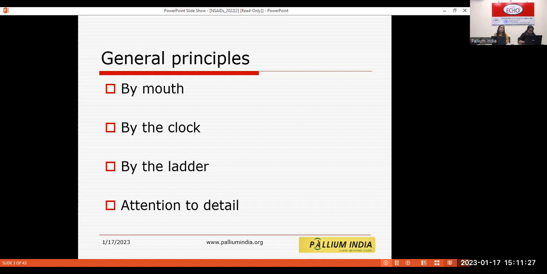Second thing, generally we see a trend that we give the medications SOS. When you have pain, take this tablet. That is not the case. In pain management, you have to give the medications by the clock. So you have to understand a little bit about the pharmacology, like how long this medication is going to act. For example, if your medication is going to act for 6 hours, you have to give it every 6 hours.